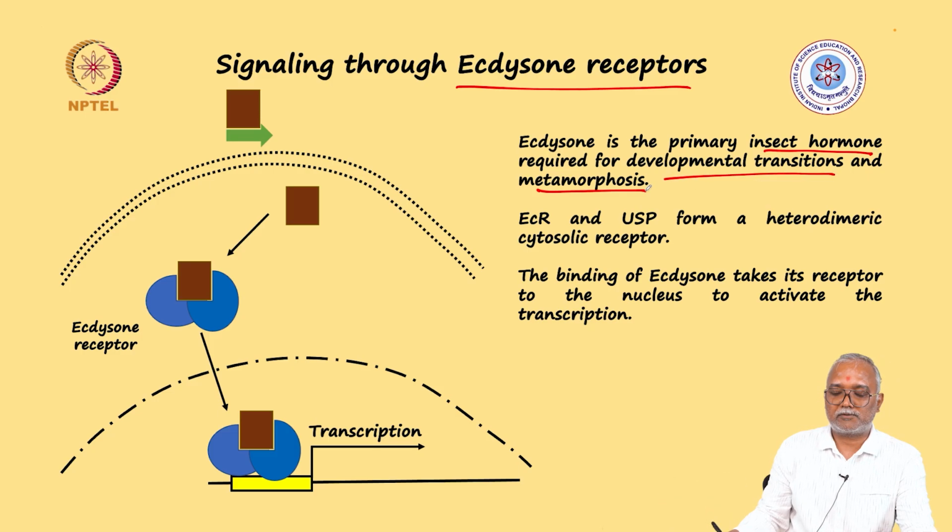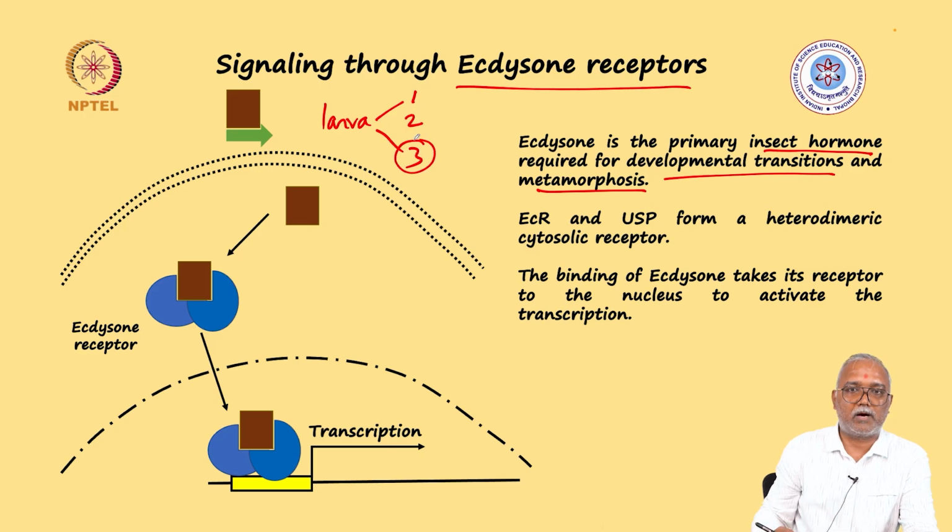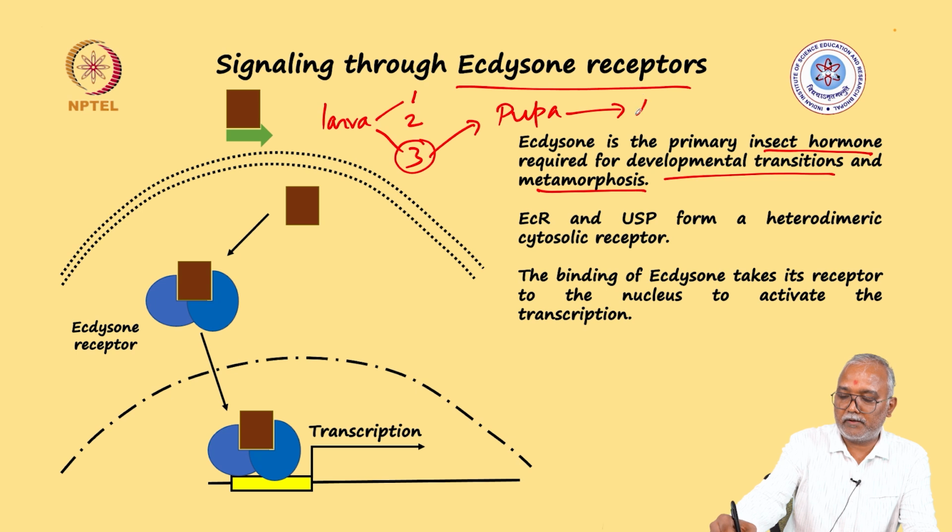What exactly does this mean? Many of the insects, during their developmental process, form larvae of different types. You can name them as larva 1, larva 2 and larva 3. This is the most mature form of the larva. And then this larva turns to pupa, and pupa gives rise to adult.